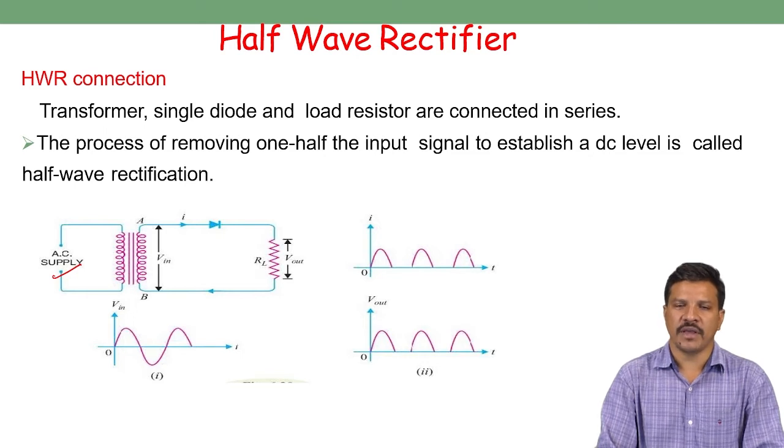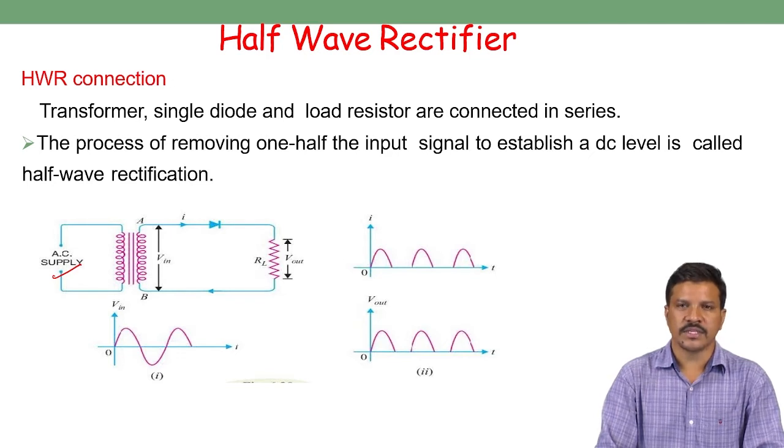So a half-wave rectifier requires only one diode, which is connected to the load resistor. The process of removing one half of the input signal to establish a DC level is called half-wave rectification.